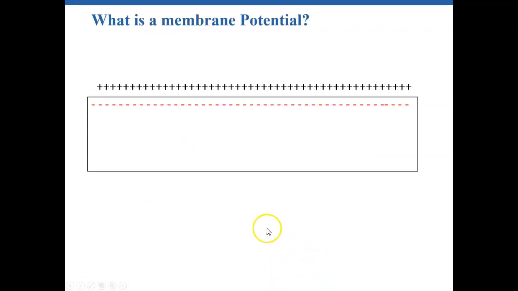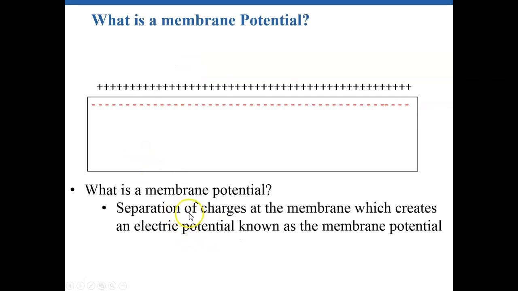So, what makes a neuron special, or what makes it able to respond to or pick up stimuli? It's because it has a membrane potential. And so, what is a membrane potential? It is the separation of charges on the outside and inside of the membrane.